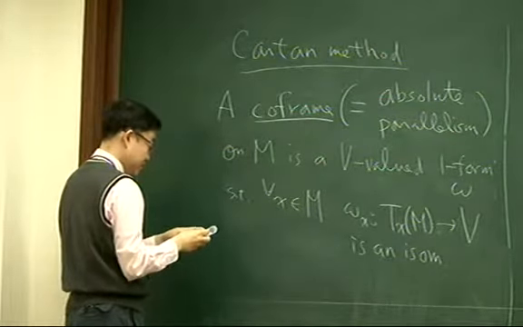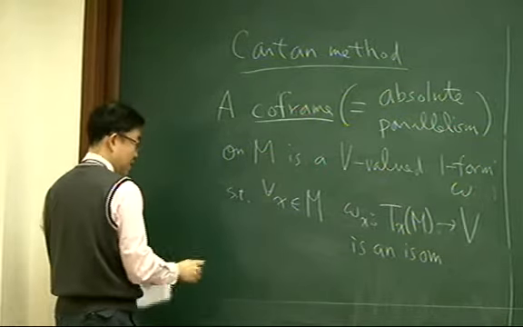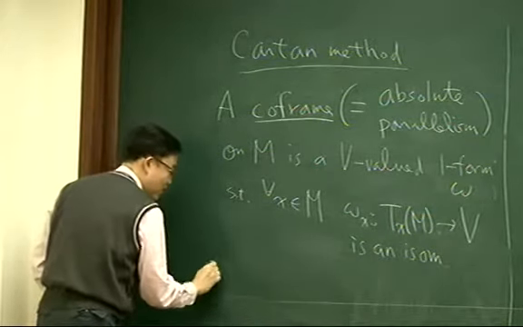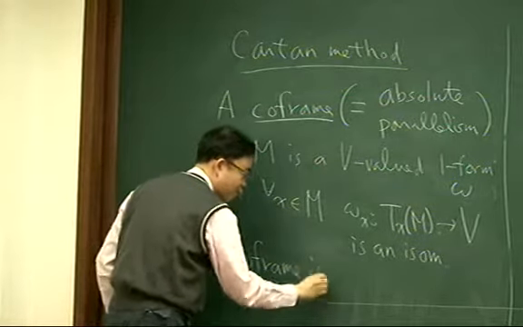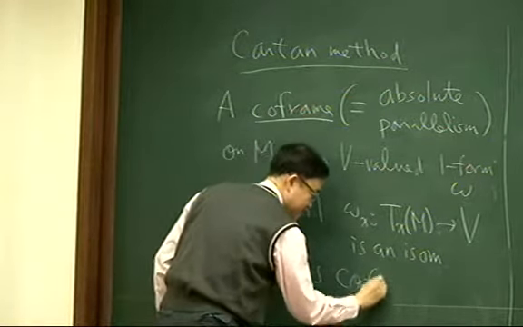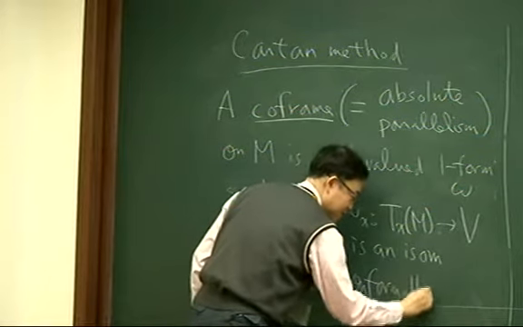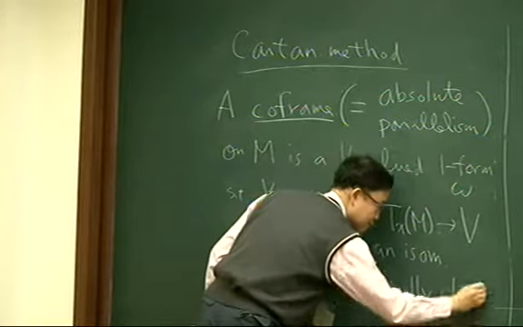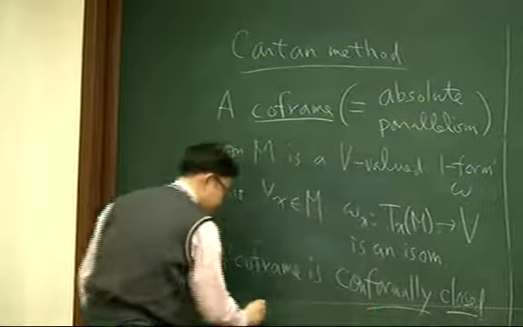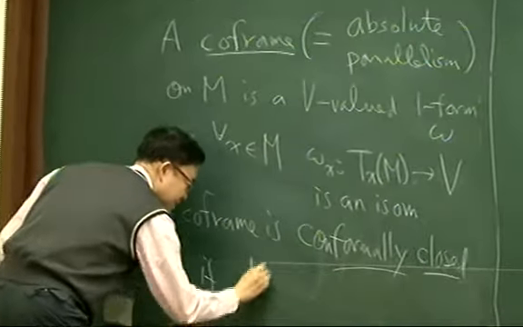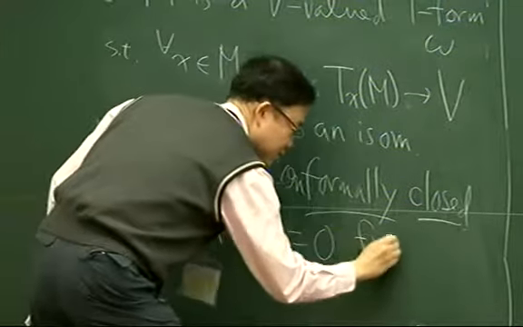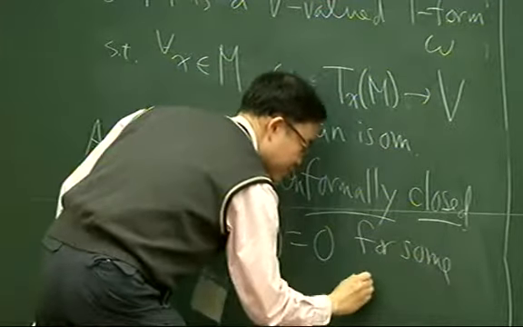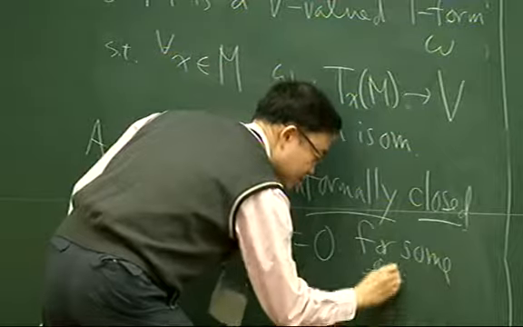And I say that a co-frame is conformally closed if f times omega is closed for f a holomorphic function.